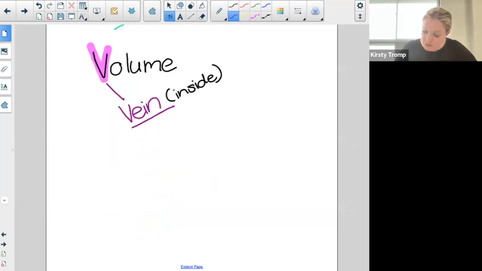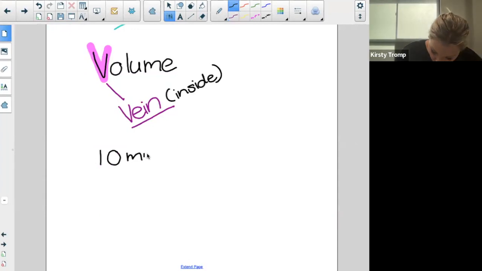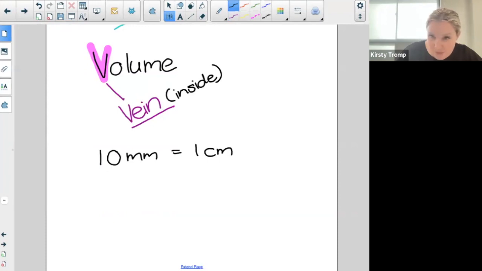All right, so if you remember, we said 10 millimeters equals 1 centimeter, but we don't want just plain centimeters. We want to square them. So we square this side.